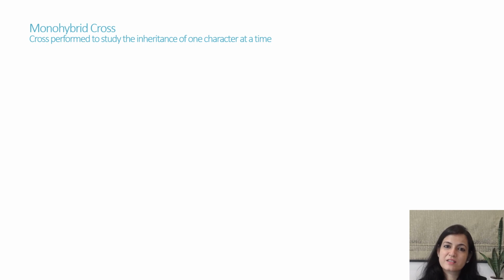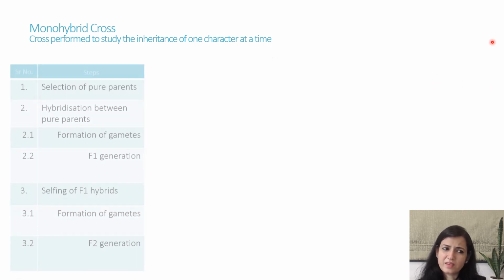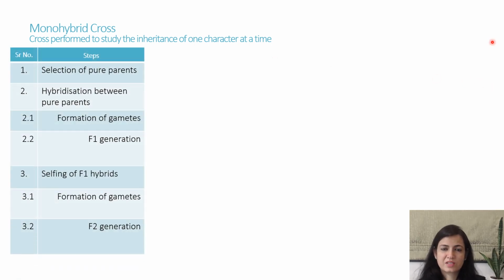So what is monohybrid cross? Monohybrid cross, it is a cross which is performed to study the inheritance of one character at a time. This cross was performed by Mendel, and there are a few steps in every cross, which I told you in my previous videos as well, that for performing any cross as suggested by Mendel, there are three steps.